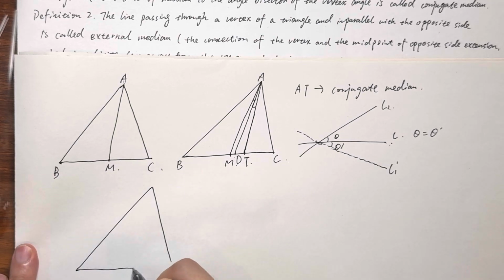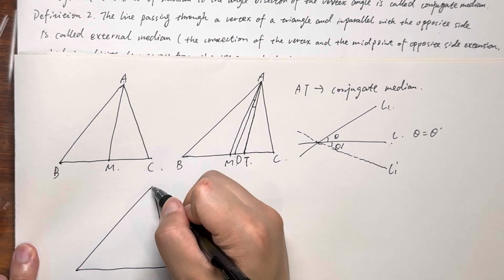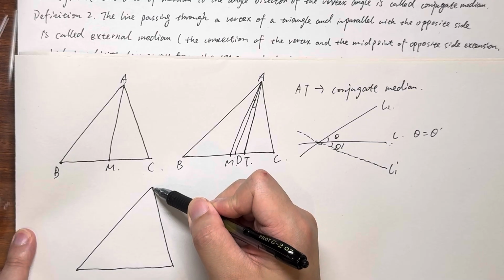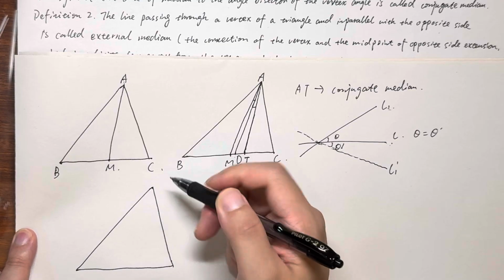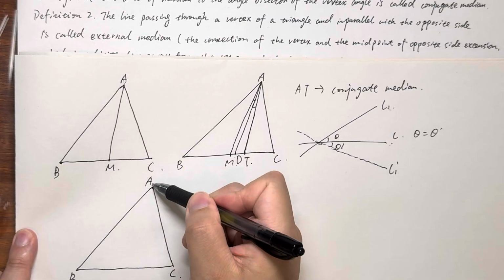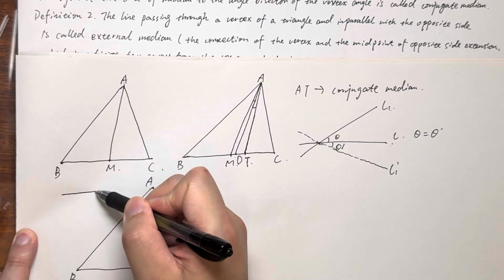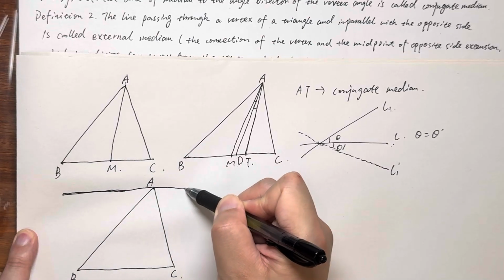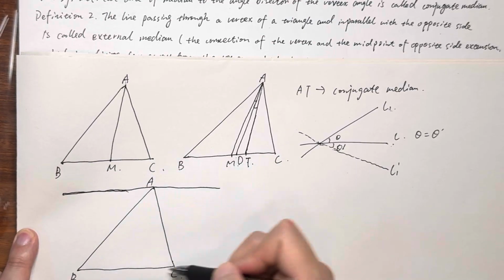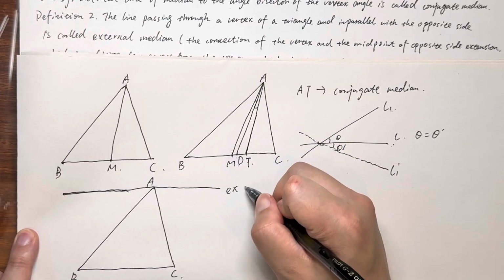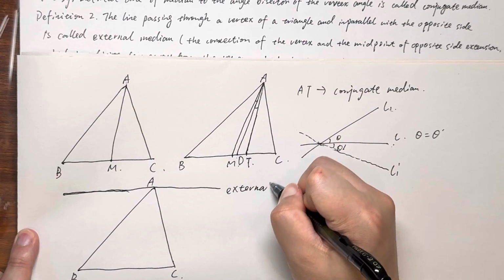Basically, it's saying that we have a line passing through a vertex and parallel to the opposite edge, which means we find a line passing through A and parallel to BC. This line is called the external median.